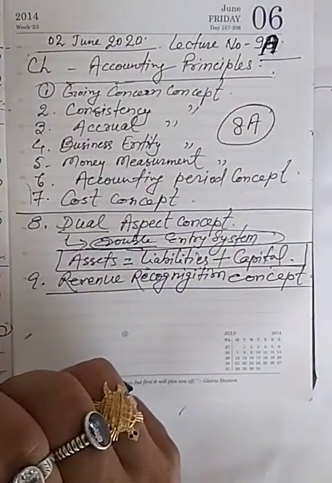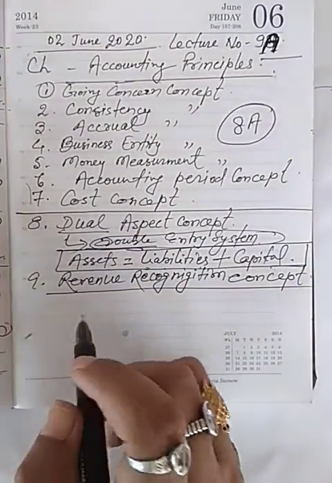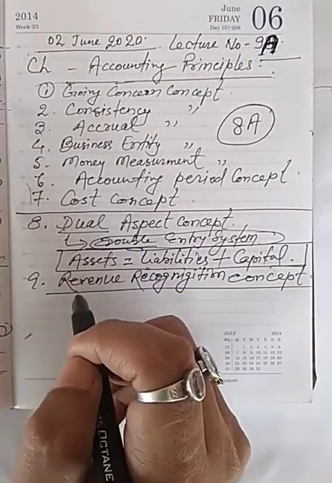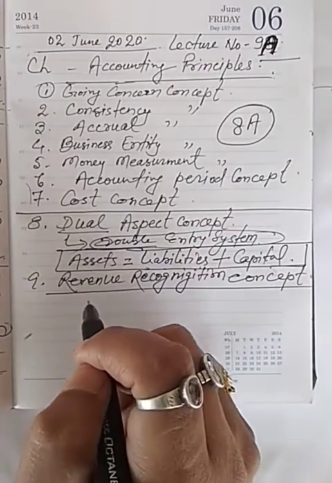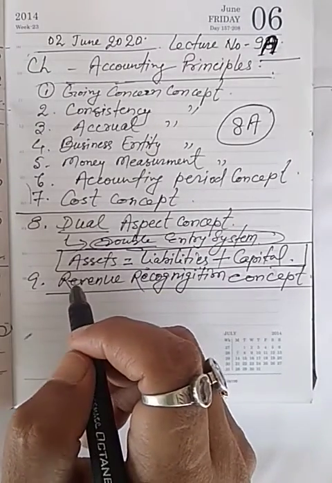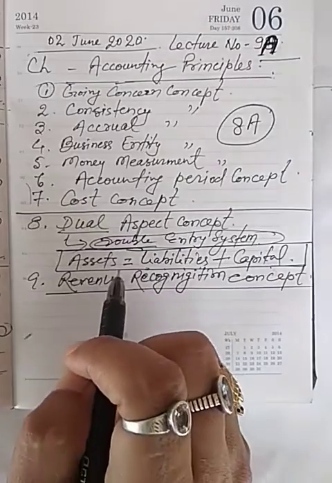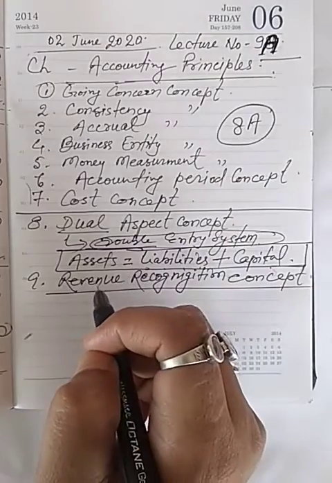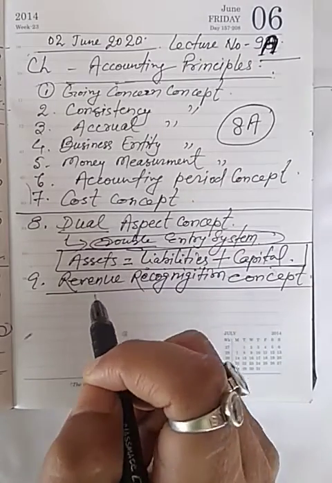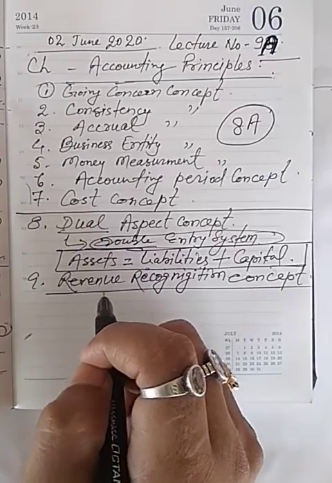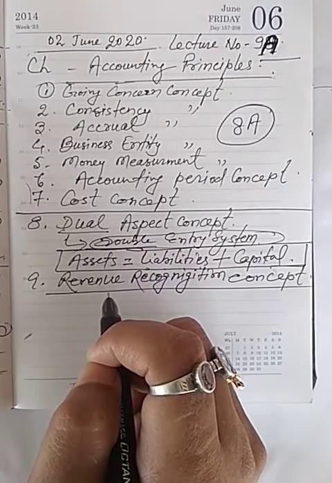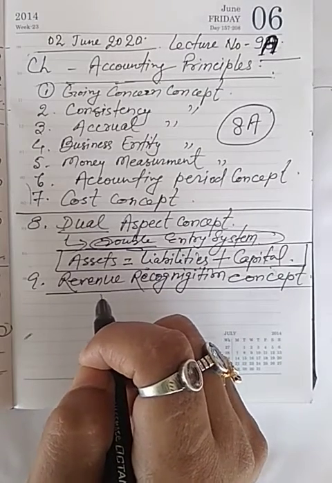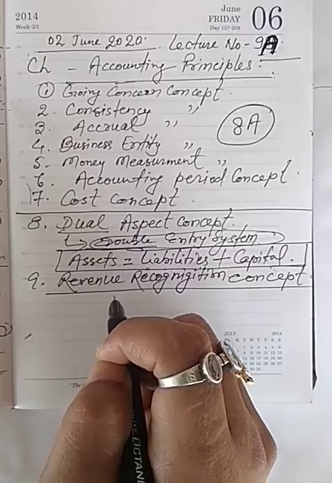Revenue means the amount which is added to the capital as a result of business operations. Revenue is earned by sale of goods or by providing a service. The concept of revenue recognition determines the time or a particular period in which the revenue is realized.